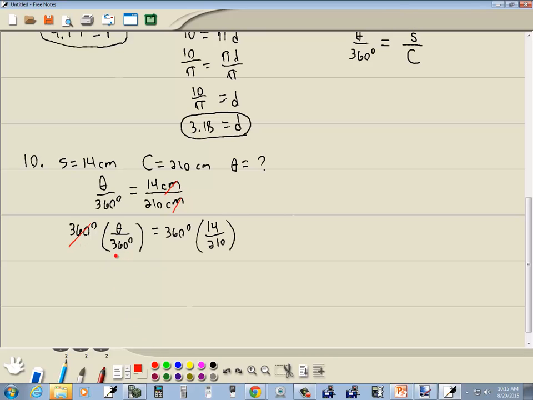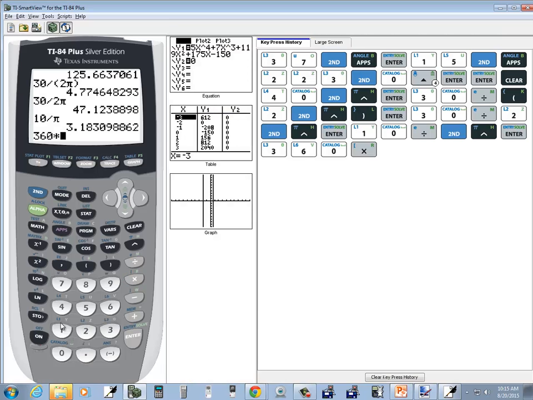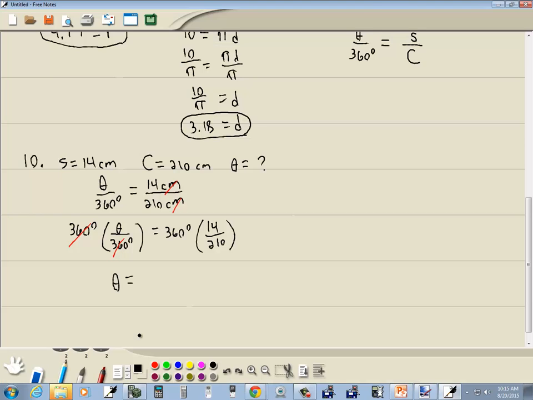Now over here, the 360 degrees will cancel, and we got theta equals, I'm just going to plug this in the calculator. So I got 360 times 14 divided by 210, enter, and that tells us that theta is going to equal 24 degrees. And that's our answer.